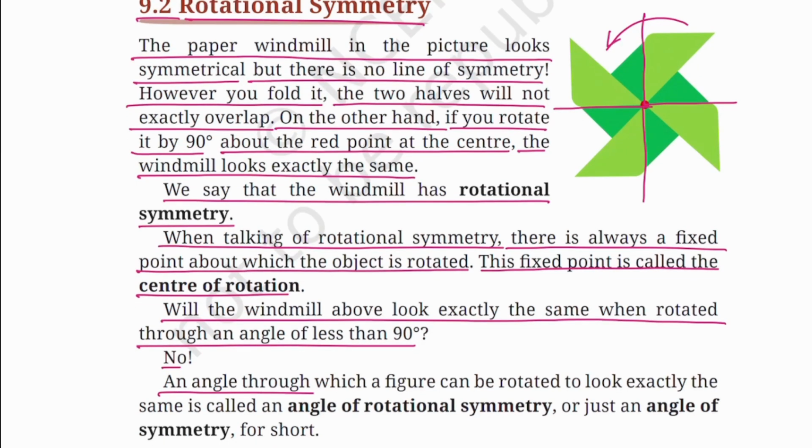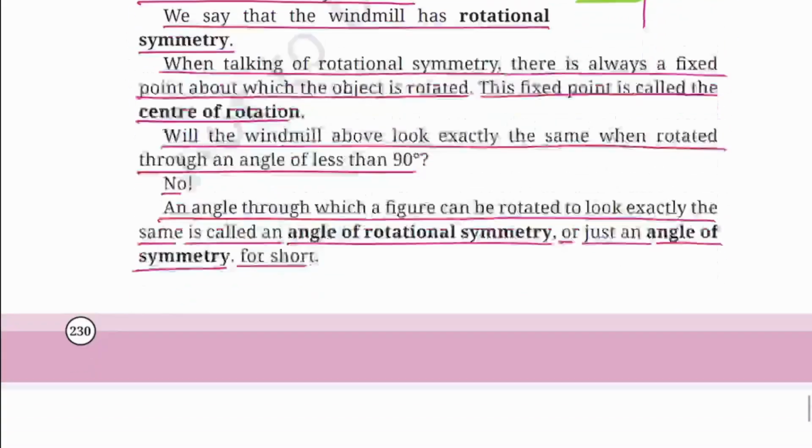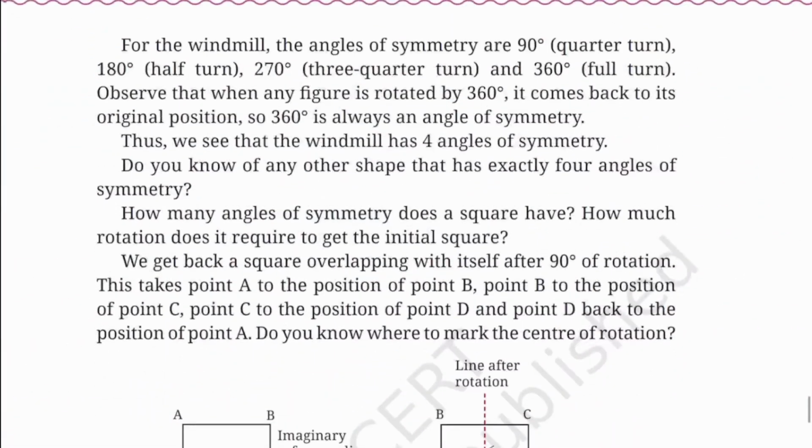An angle through which a figure can be rotated to look exactly the same is called an angle of rotational symmetry, or just an angle of symmetry for short. For the windmill, the angles of symmetry are 90 degrees, quarter turn; 180 degrees, half turn; 270 degrees, 3/4 turn; and 360 degrees, full turn.